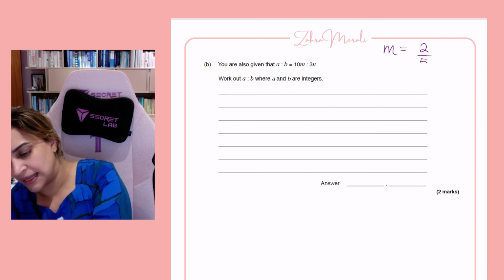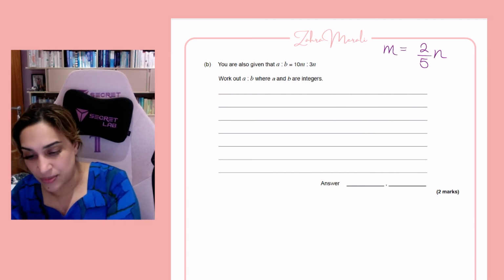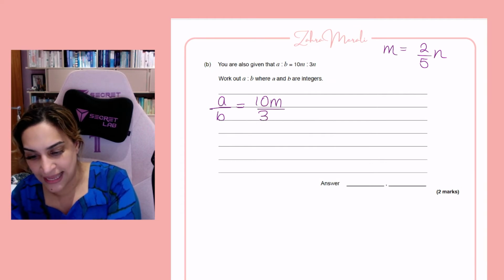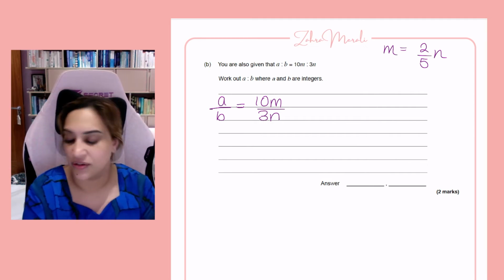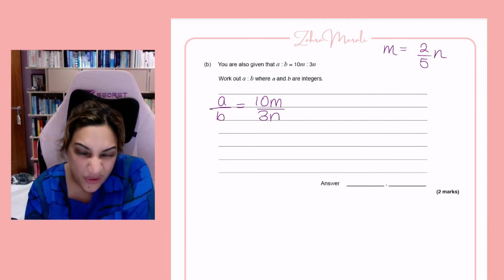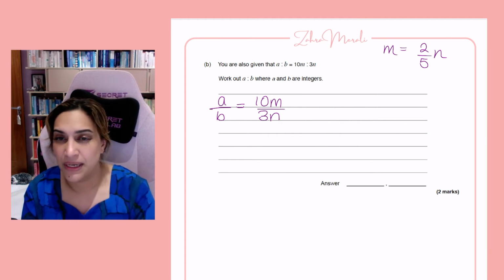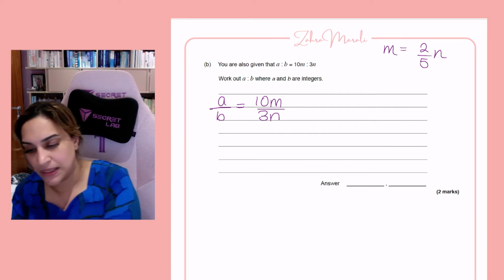M equals 2/5 n. Now we're given a to b, so remember we can write that as a fraction, is equal to 10m over 3n. Oh, we don't actually need to write it as a fraction, but never mind. Right, now we want to get rid of essentially the m and the n's. But let's see what we know. We know that m is equal to 2/5 n.